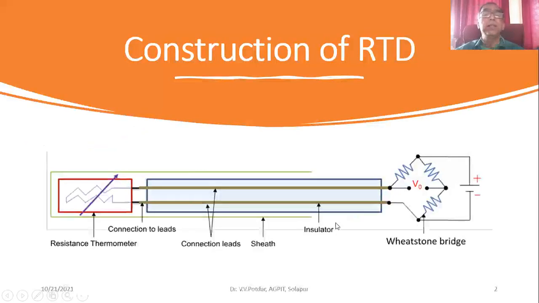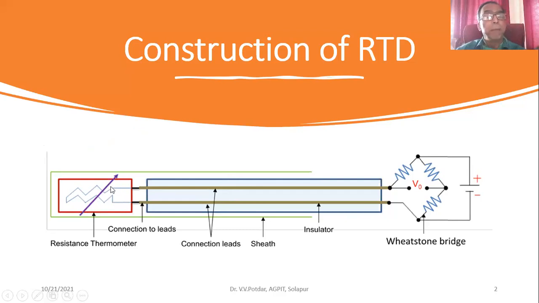We'll move further, friends. The construction of RTD. As you can see, this resistance wire, which is the variable resistance wire, is my RTD wire. It can be either copper or it can be platinum. Different materials can be used as RTD sensors.